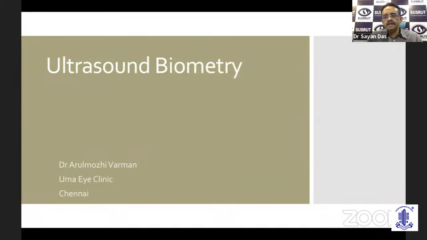In refractive practice, we use wavefront guided ablations for patients having HO-RMS more than 0.3 microns.